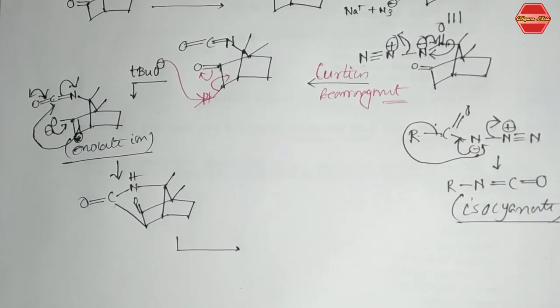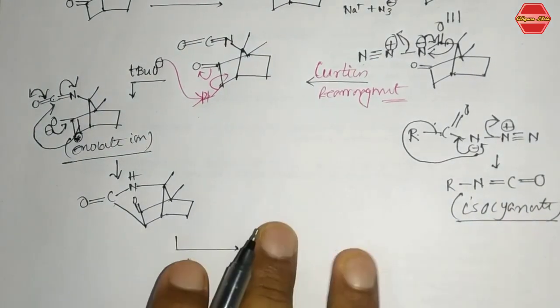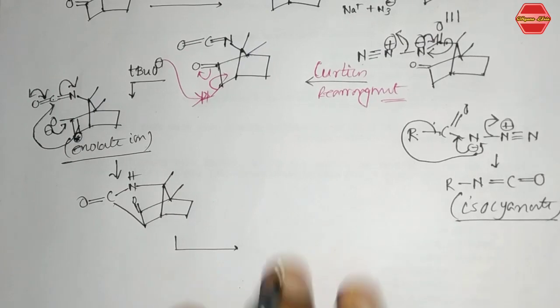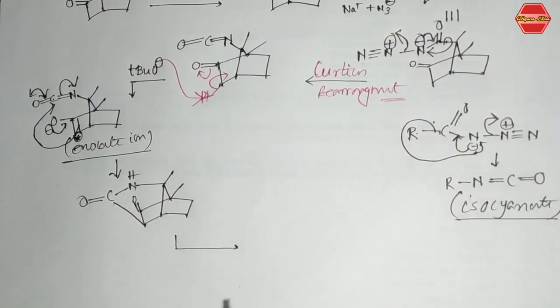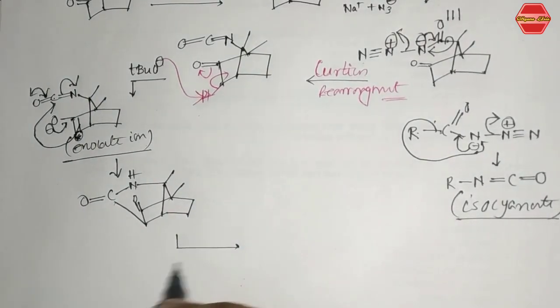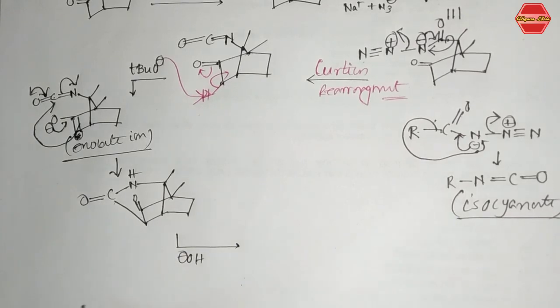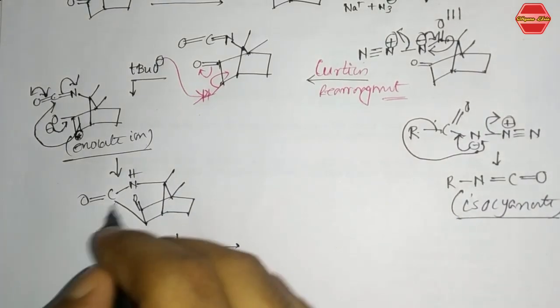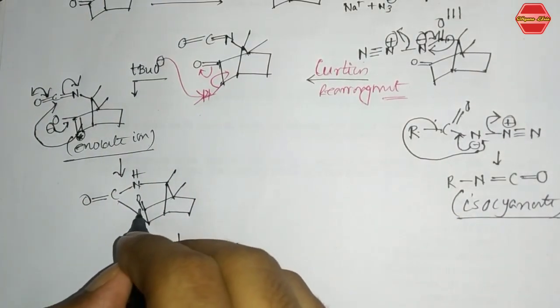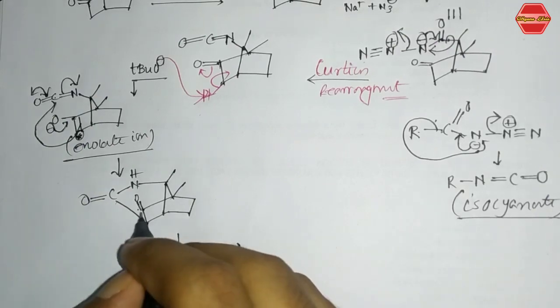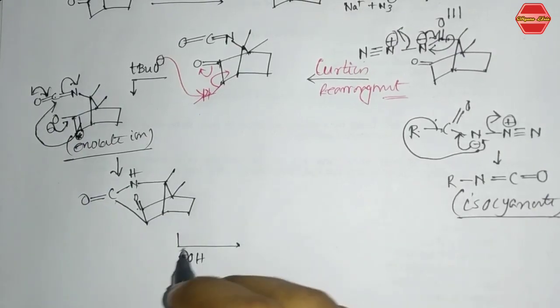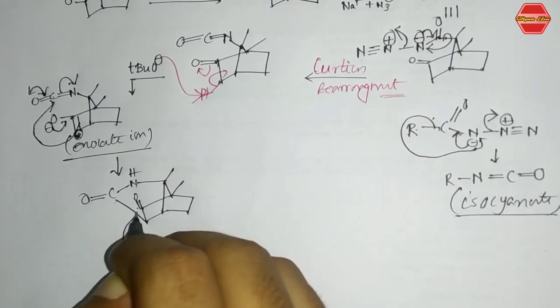Now see how the last part of this reaction takes place. See this OH minus. Water has H plus and OH minus, so this OH minus directly attacks this carbonyl center, and bond breaking takes place. And how does this bond breaking take place? Let's see.